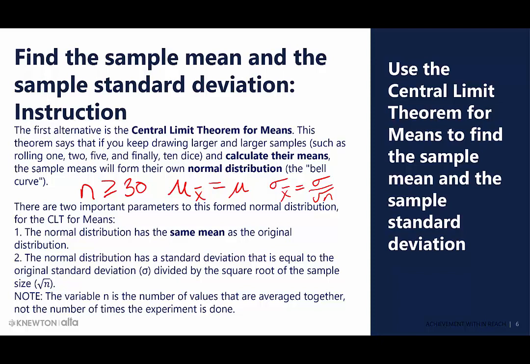Now that we're finding probabilities of distributions that may be unknown, as long as the sample size is large enough, we can use a mean that's the same as mu, and we can use a standard deviation of sigma over the square root of n. Sometimes the standard deviation is also referred to as the standard error. You may hear that as well in different lectures or different books.